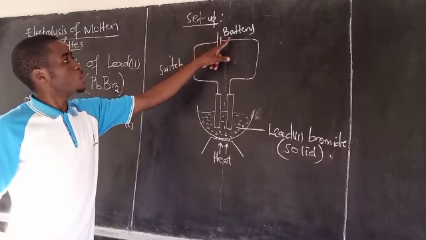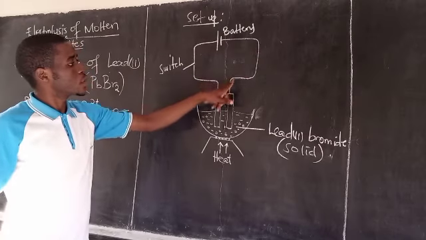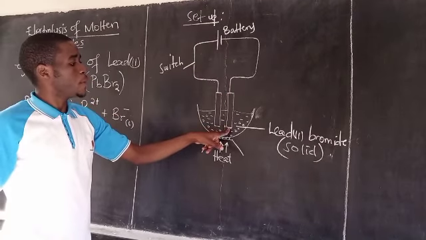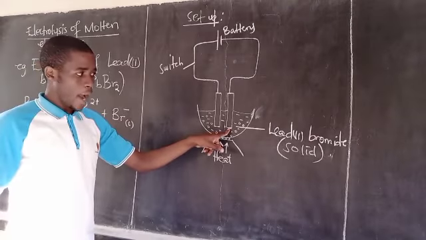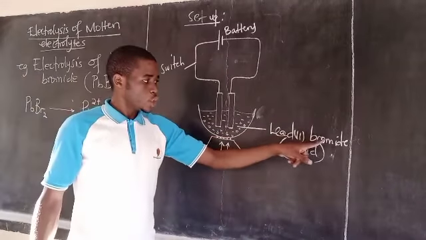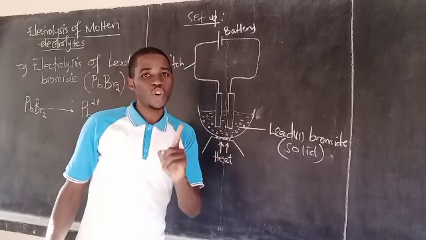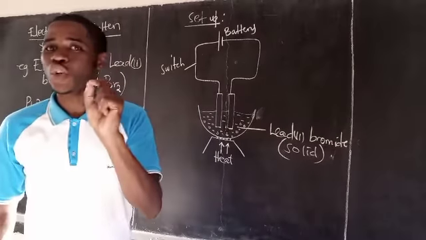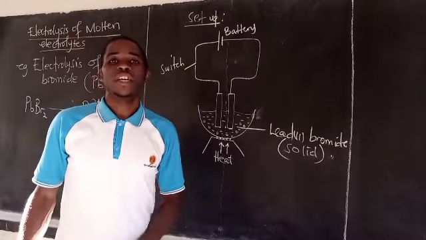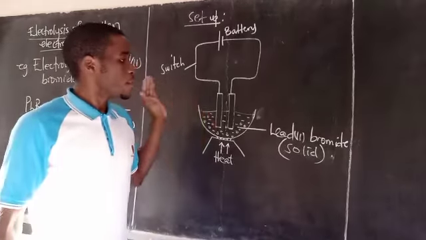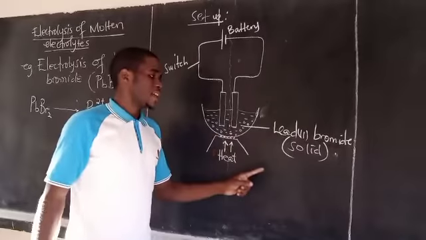When electrons move, they cannot go beyond this point. Why? Solid lead bromide does not contain ions. It is not an electrolyte. It does not contain any free and mobile ions.